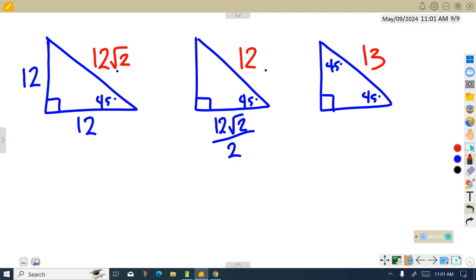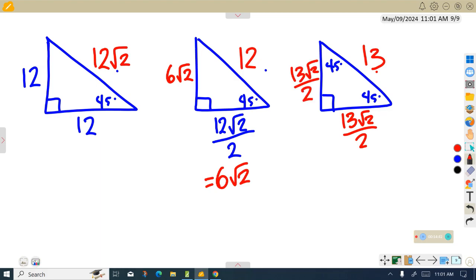But because I know I'm going to have to divide this number by 2, half of 12 is 6. 6 root 2 is my final answer then, right? So if you see an even number with no root 2, then just take half of it and put the root 2 right next to it. So that pattern is something you can do quickly. But if the number is not even, then you just got to leave it over 2.